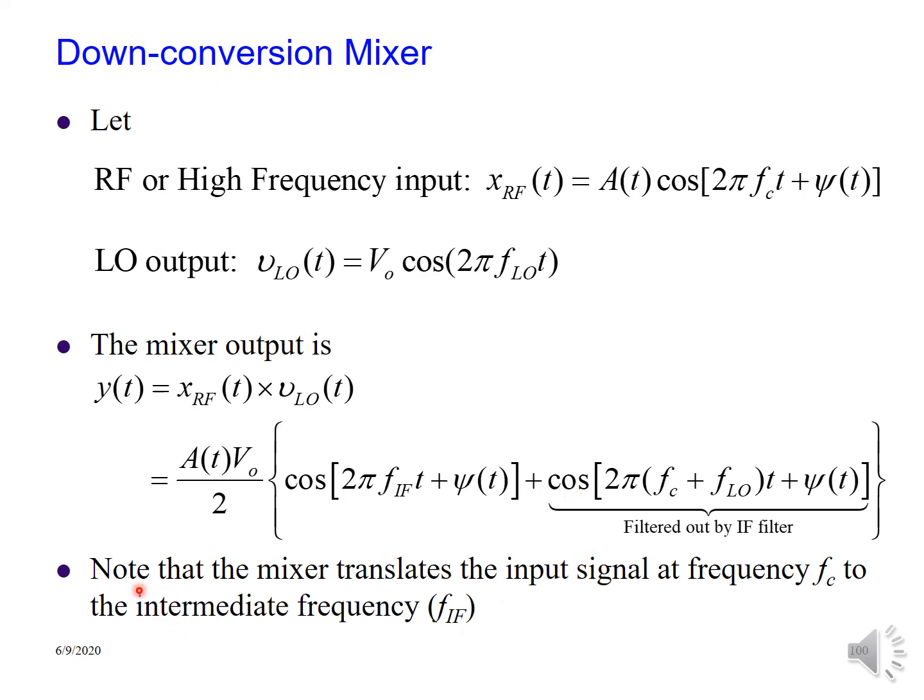What it says here is that the mixer translates the input signal at FC to the intermediate frequency FIF. What does it mean? The RF has a carrier and also the signal itself, so this IF will contain the carrier and the LO values.